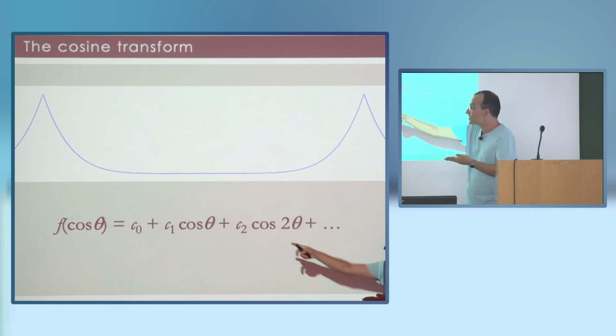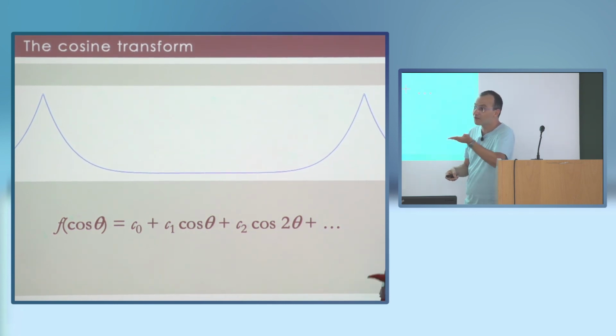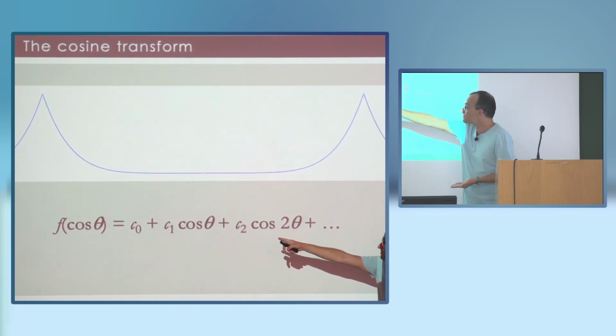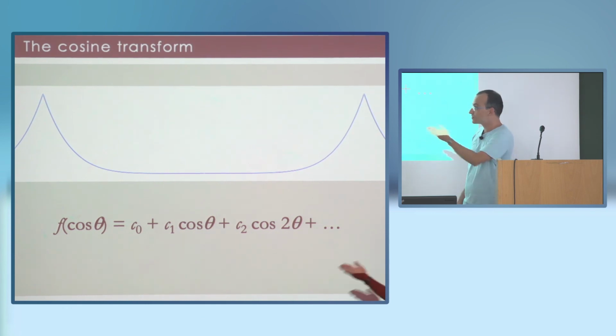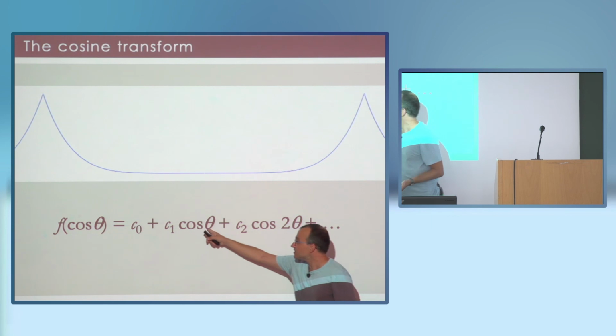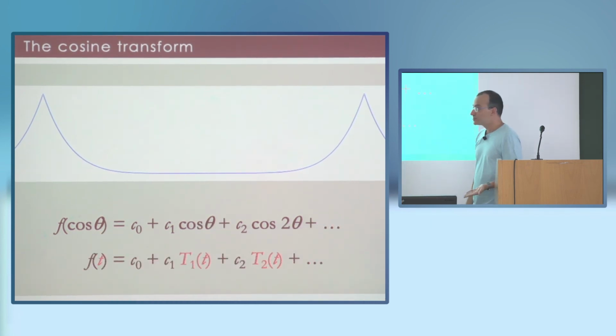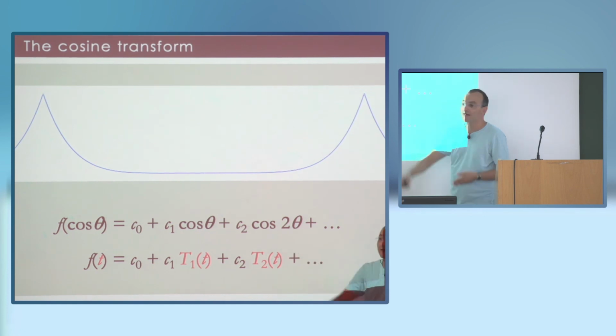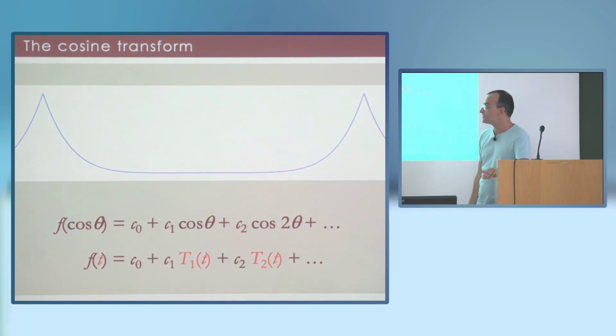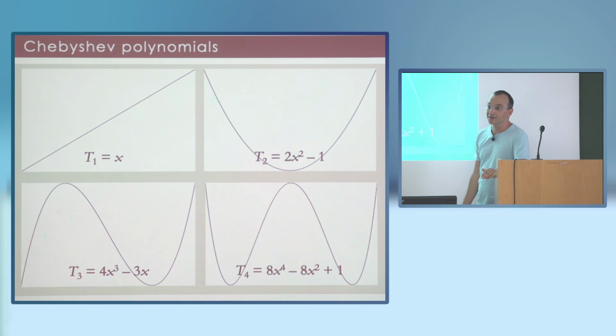And the real number that you take is the cosine. You can write it as a cosine of some angle on the complex number, and you expand this function as a cosine series. So you take cosine theta, cosine 2 theta, and so on. And each one of these is a polynomial in this term. And these are exactly what are called the Chebyshev polynomials, right? Cosine 2 theta is a degree 2 polynomial in cosine theta, and so on. So they look like this.